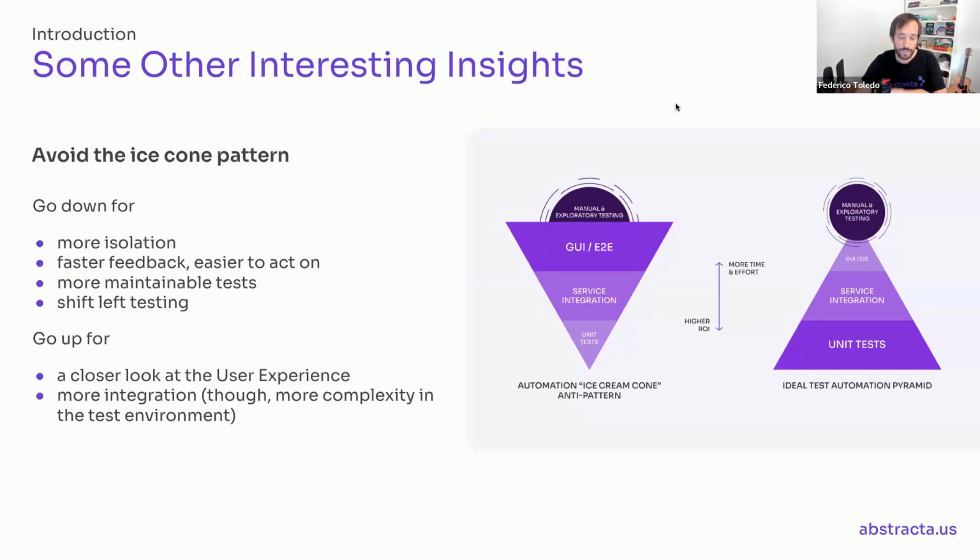What also the pyramid is telling you is that if you go down in the pyramid, you will get more isolation, which is something that we want in the test cases to be able to run them independently. The feedback that you are going to get is going to be faster and easier to act on because it's specific on a specific unit, right?